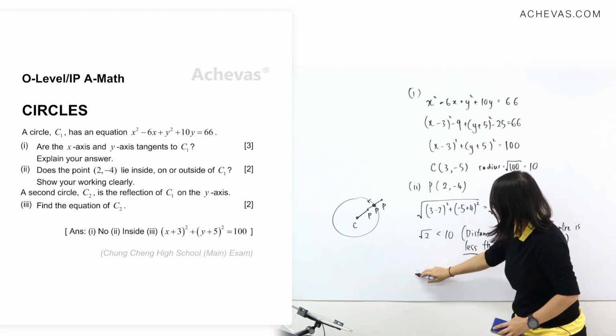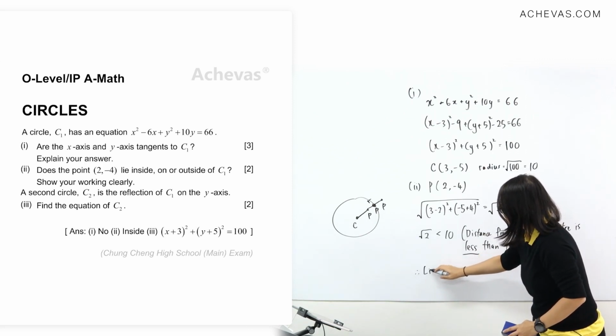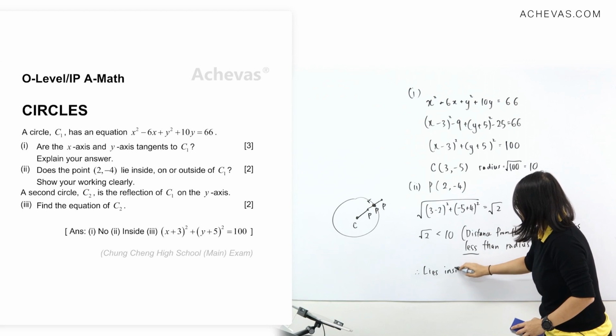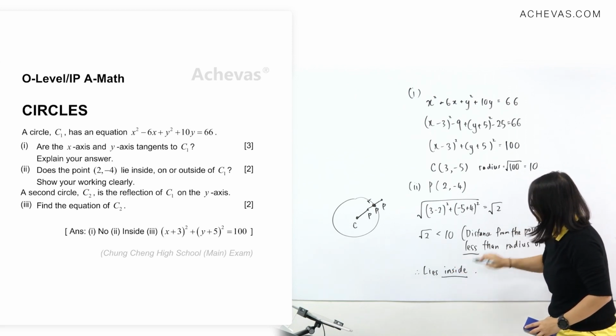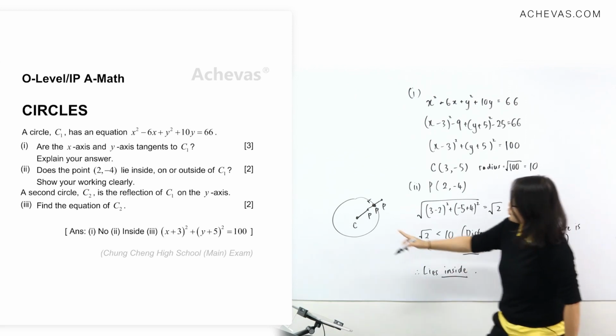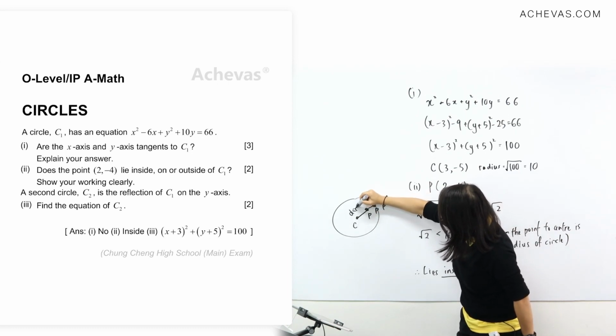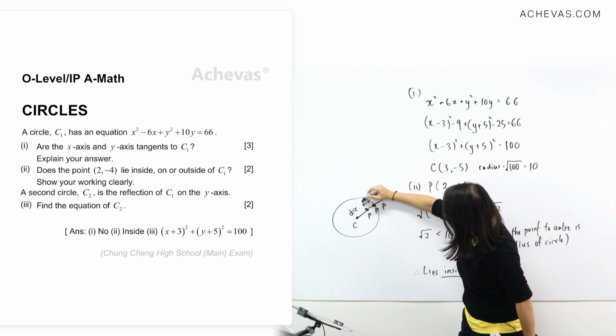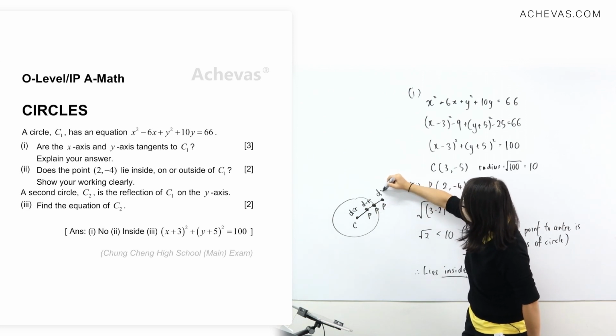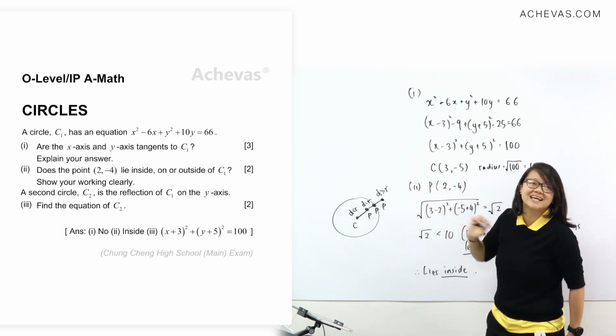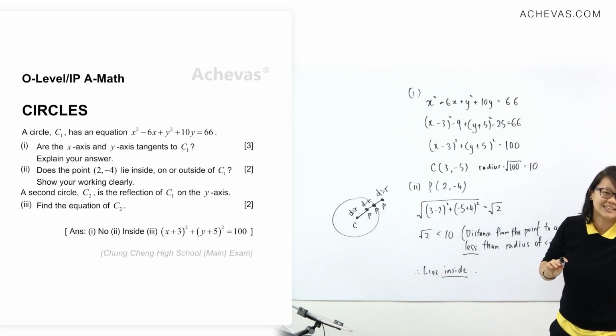So therefore, the point lies inside of circle. Okay, so when you have this situation that's inside, the distance will be less than r. When it's on the circle, it will be equal to r, and when it's outside, d will be more than r. There are the three cases that you should consider.